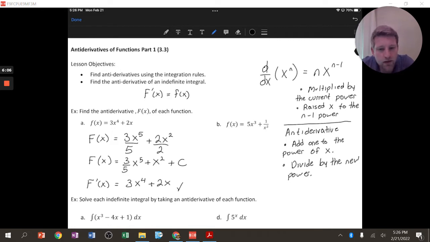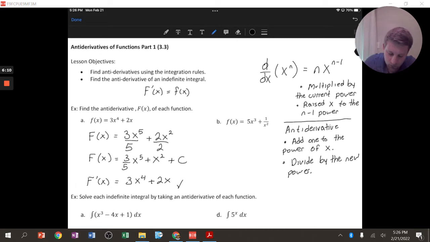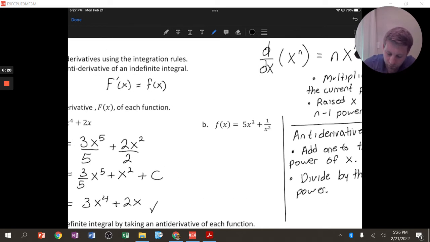Let's go ahead and try the second one in part B. We have a part B that is 5x to the 3rd plus 1 over x squared. I might first consider rewriting this as 5x to the 3rd plus x raised to the negative 2nd power.